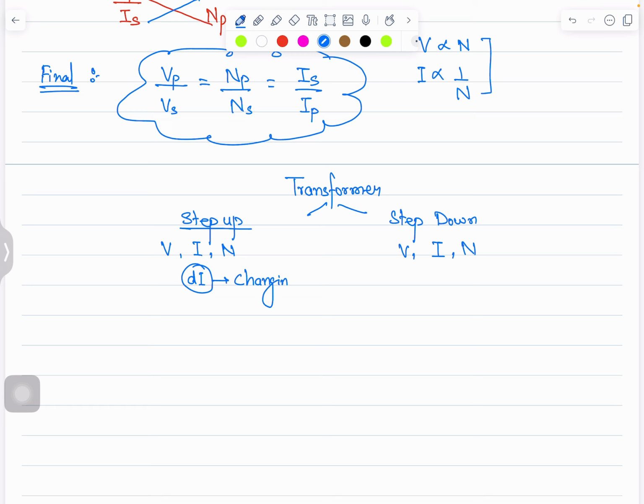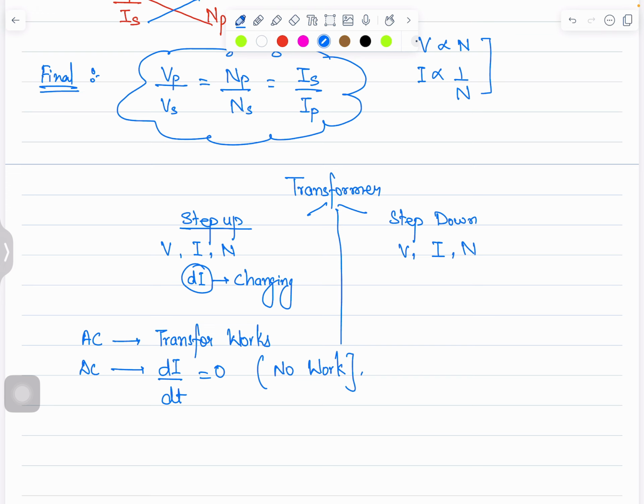Yes or no? So can I say if we have AC current, then the transformer works. And in case of DC, can I say dI over dt equals 0? So no work.